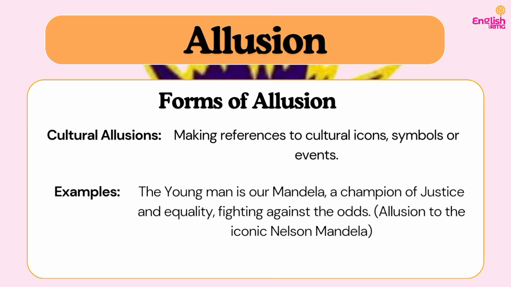Do you understand? So if you want to appreciate someone who is always fighting for justice, who stands for justice, you can say that is the Mandela of our time. A lot of people know who Mandela is, so they will quickly understand what you are trying to say by alluding to Mandela. Are you following?